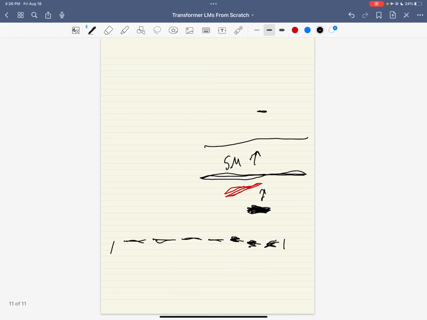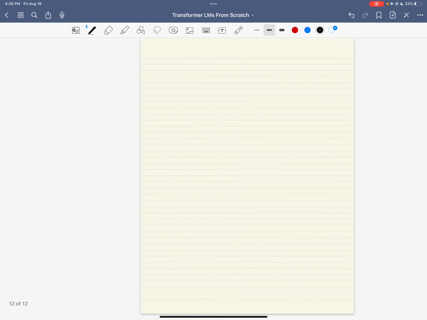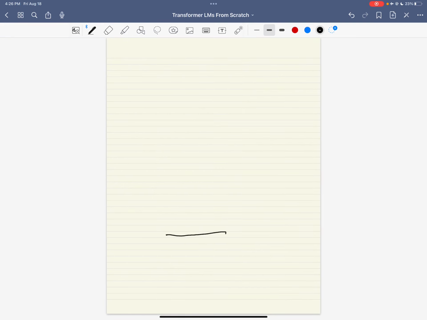It's just a network that takes in, so we have a representation of size 1,000, and it multiplies that by a matrix of size 1,000 times 3,000, and so now we have a vector of size 3,000.